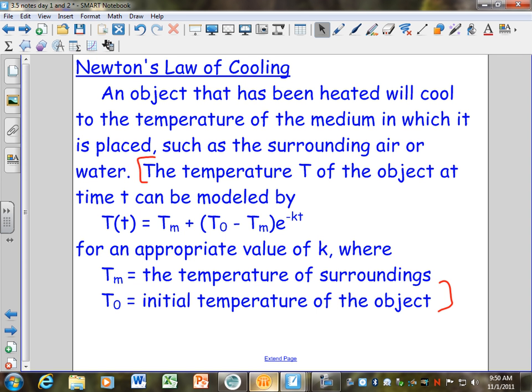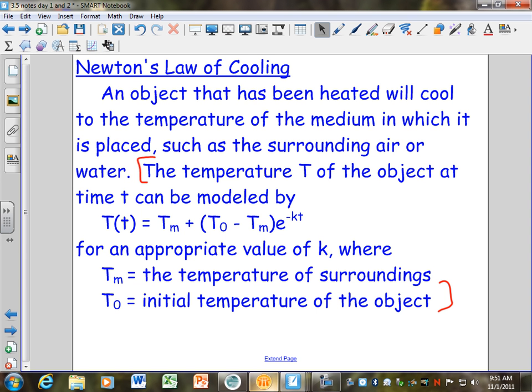T sub zero means the initial temperature of the object. So whatever your object is when you put it in the water or put it in the room, that's T sub zero. And then T sub m, they say that as the medium, that's why it's m, is the temperature of the surroundings. And then the answer that you get would be the new temperature after so much time.